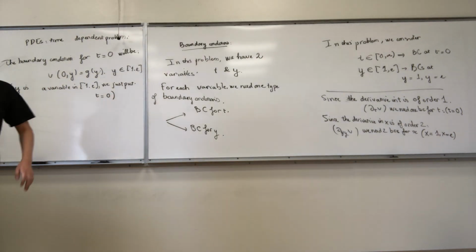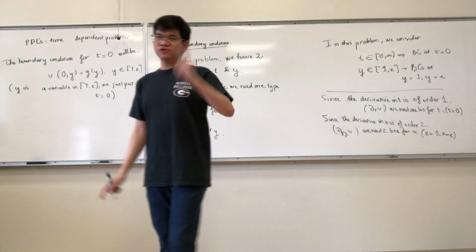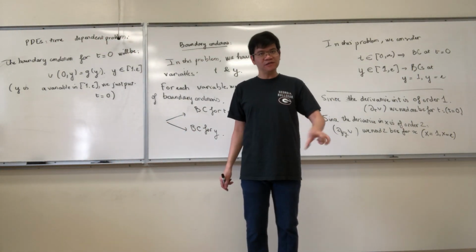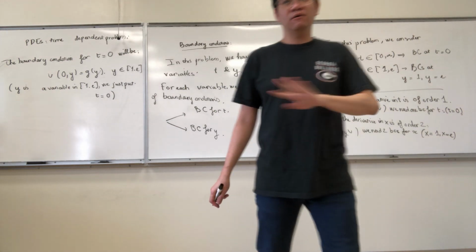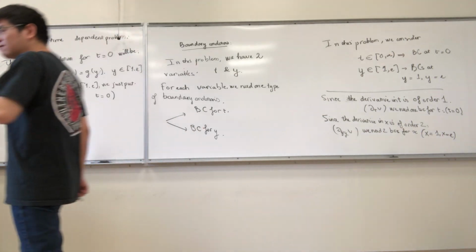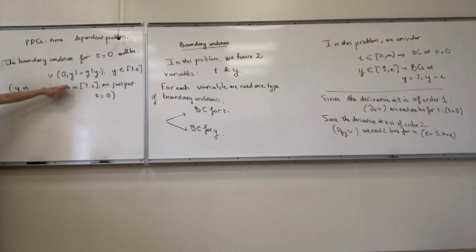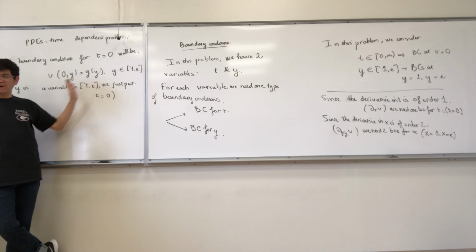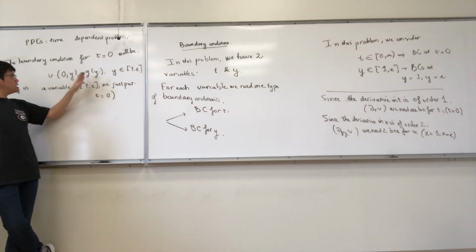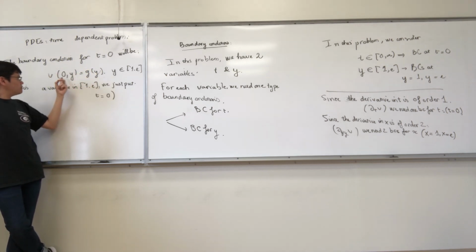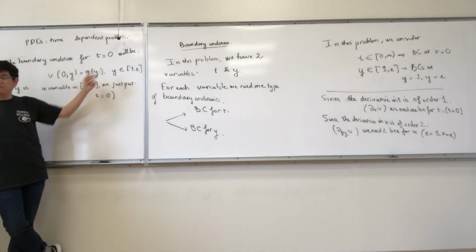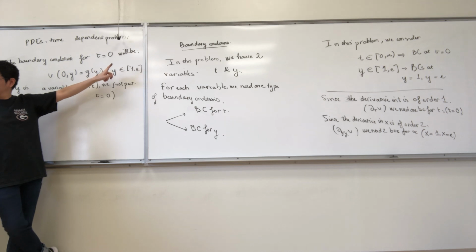So in this boundary condition, you just have to fix the value of t to be 0, but y is still running. You just have to fix one specific value for t, but you don't fix y. In this boundary condition, you still have v of 0 and y is still a variable. So the value at t is 0, but y can be taken anywhere in 1 to e, so it will be a function of y. Right? It's clear?